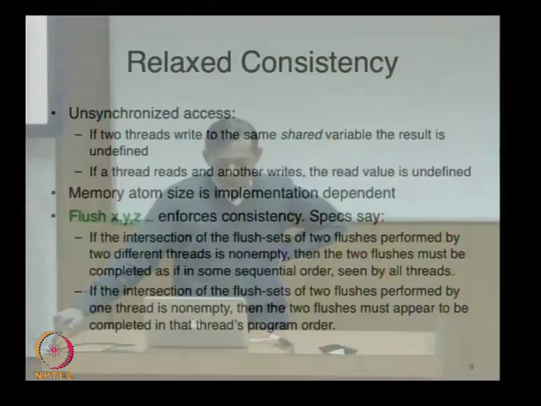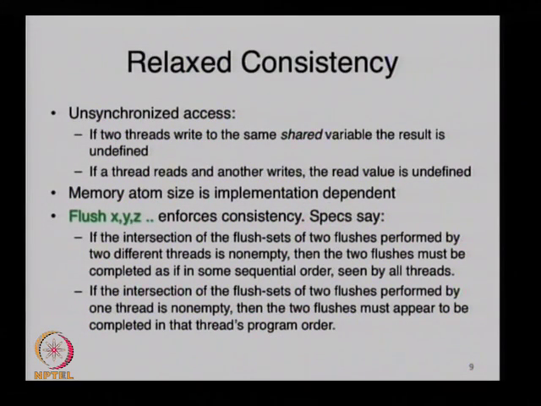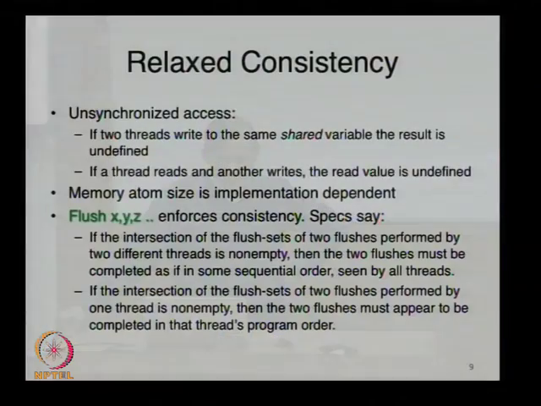If the intersection of the flush sets of two flushes, which may be performed by different threads, is non-empty, so if some variable here also exists in that flush set, then their relative ordering is important. In this fashion, the two flushes must be completed as if either this entire flush happened before the other one, or that entire flush happened before this one.